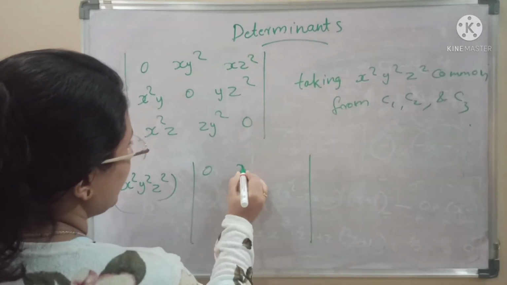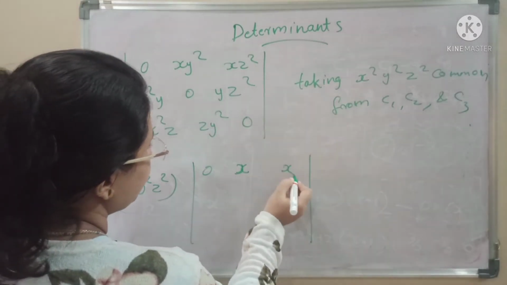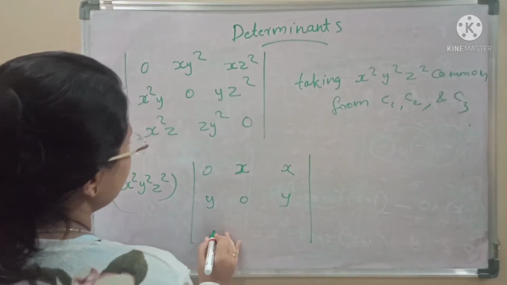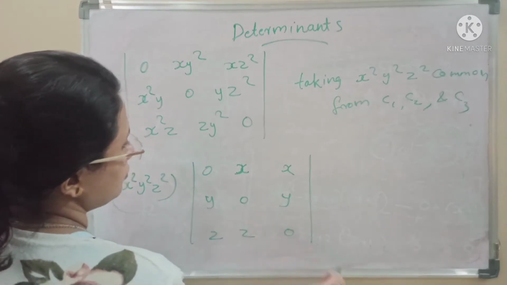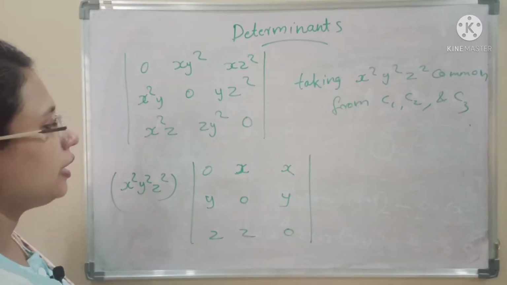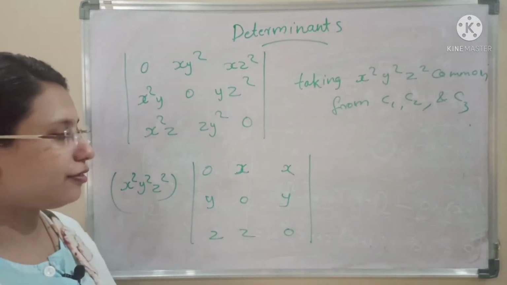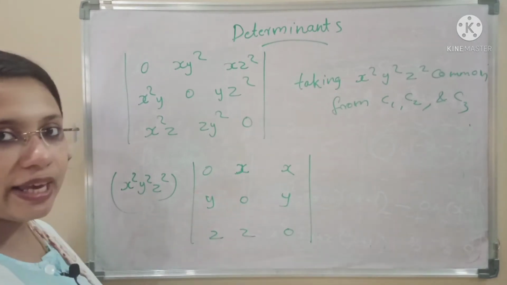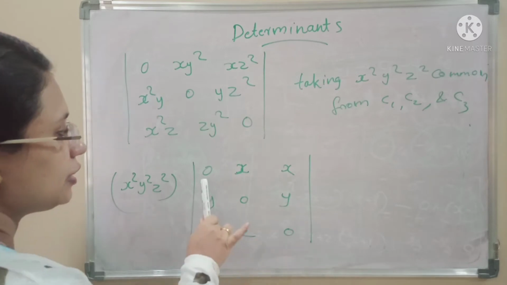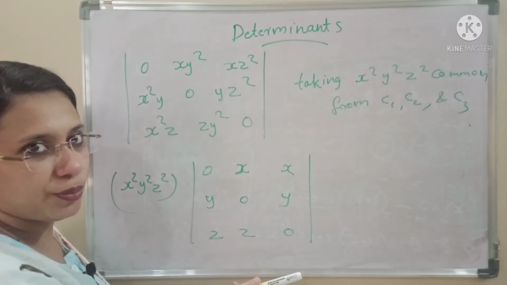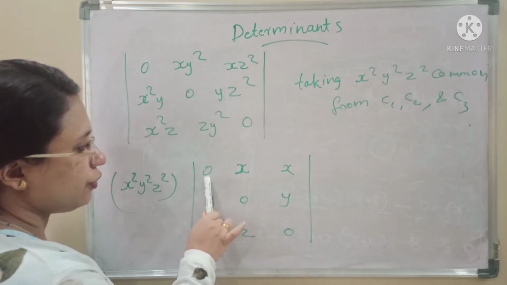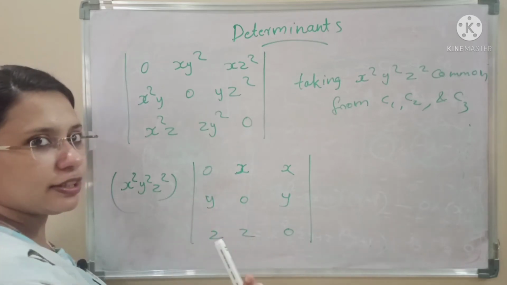So what are the remaining terms? We have x, y, z. I have already told you that if you make any two elements in the first row 0, it will be easy for you to solve the determinant. If you see here, one term is already 0.